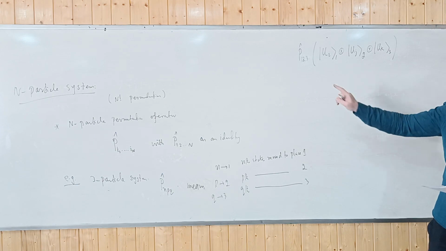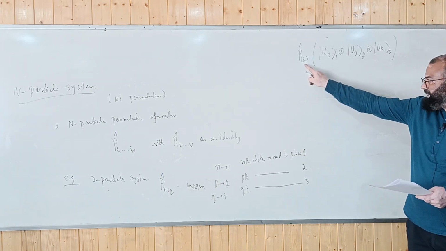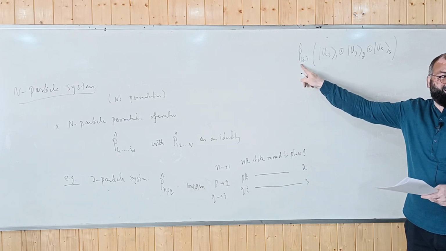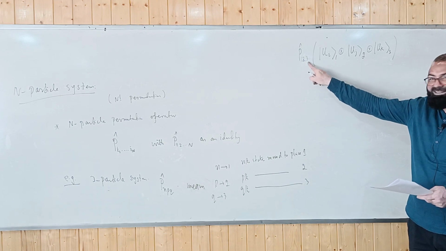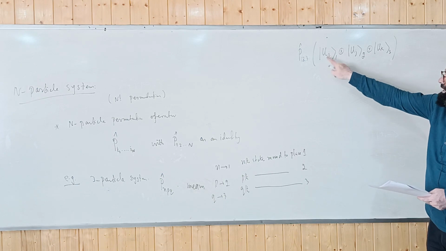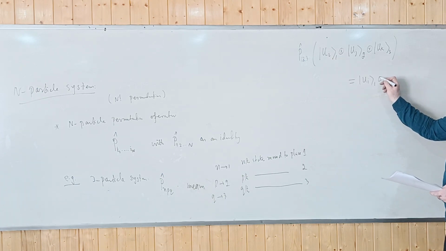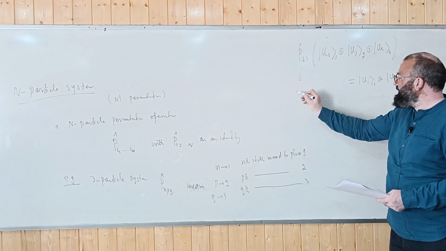What will it do? You keep the first state at the first place, the second state at the second place, and the third state at the third place. So the first one, ui, will be at its own place, so it is ui simply. That means it is doing nothing. Clear? So this P1 2 3 is an identity.